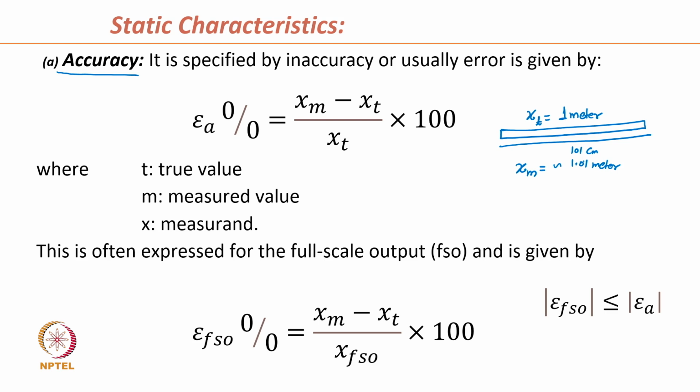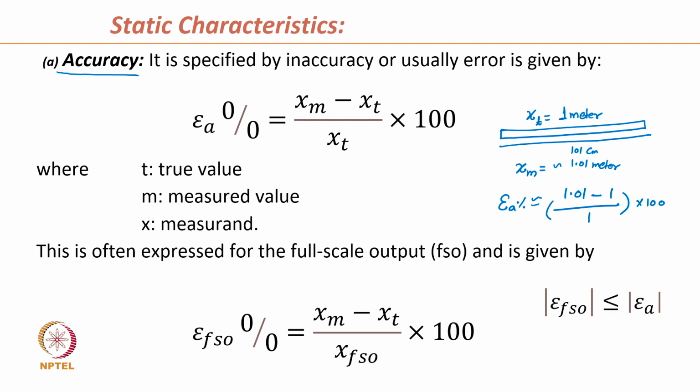Because of this measurement we have an error in measurement, which is given by xm minus xt, which is 1.01 minus 1, divided by 1. So, this is the error which we have in measurement, and we multiply it by 100 so that it comes in percentage.